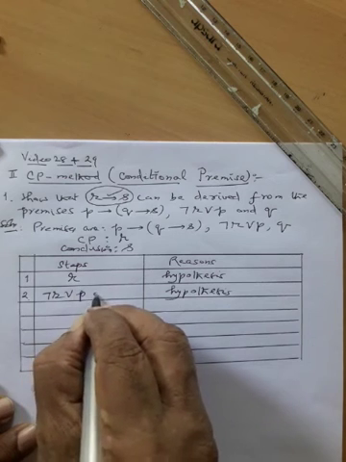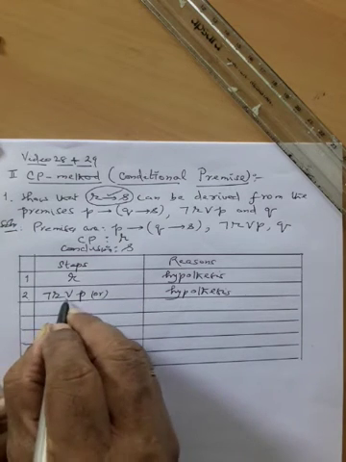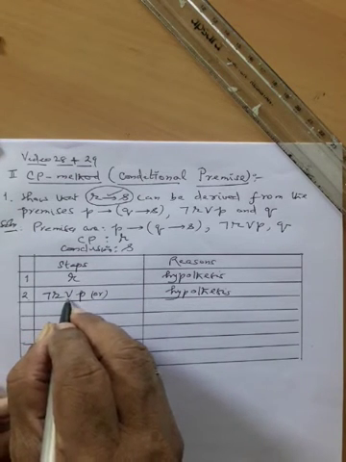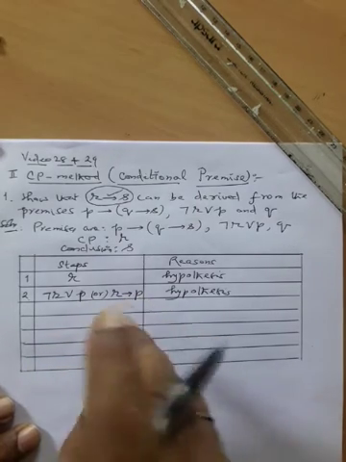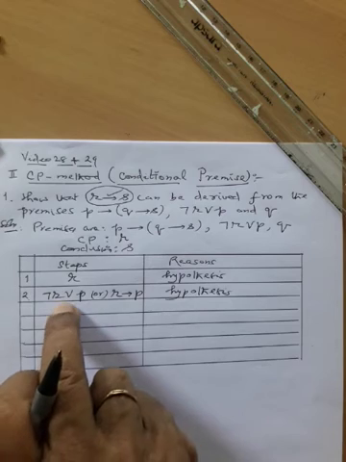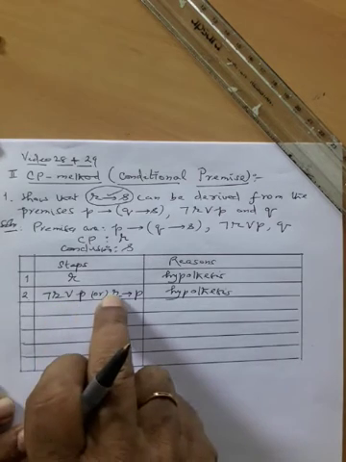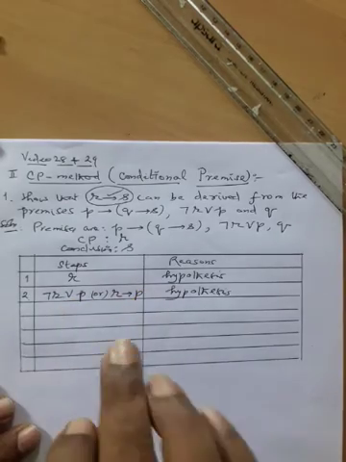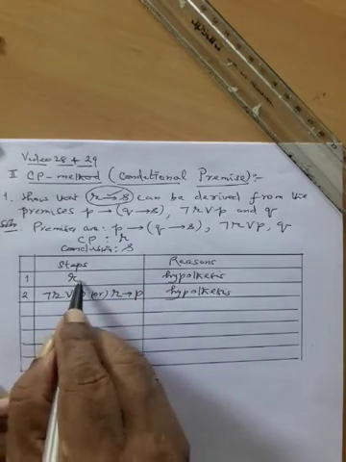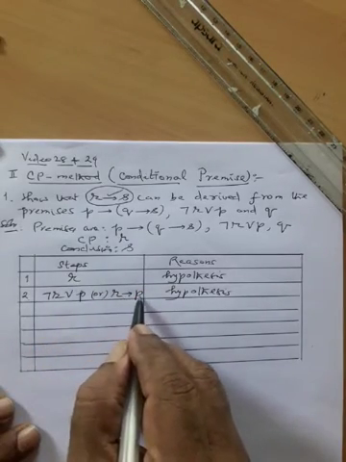Or what you can do is, this negation R or P is equivalent to R conditional P. You know the conditional is equivalent to this: negation of the first letter, or the second letter as it is. So now R is there, R conditional P is there.